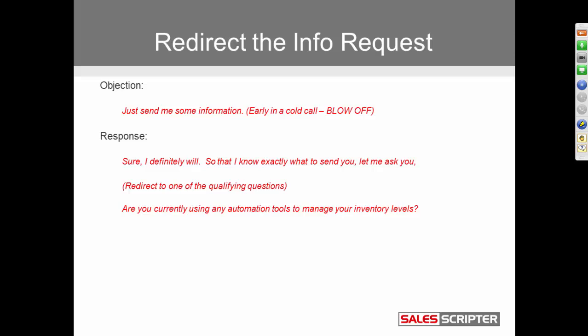Now another objection that comes up a lot is just send me your information. Prospects love this one, because a lot of prospects don't enjoy being the bad guy. They don't want to hang up on you. So the just send me some information objection is really popular for 2 reasons.